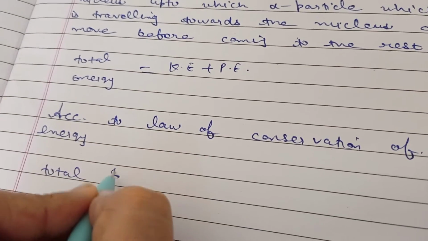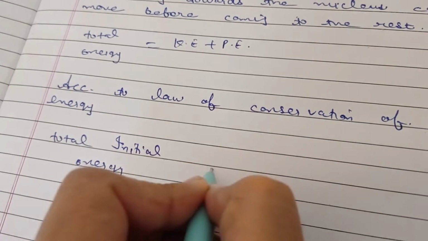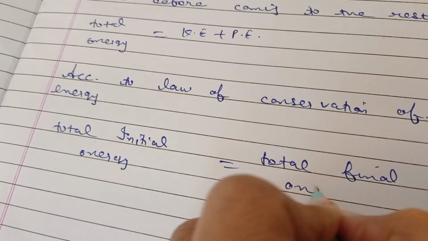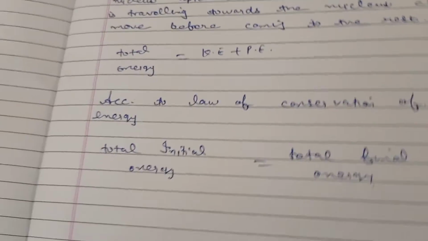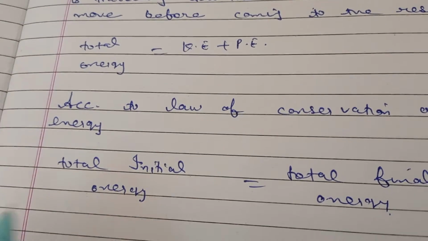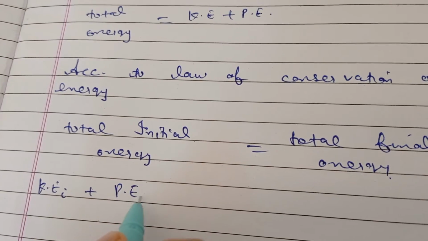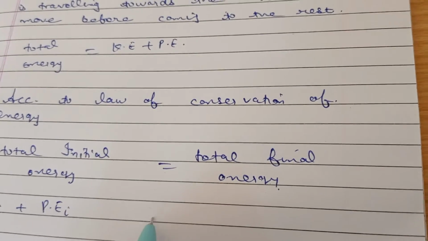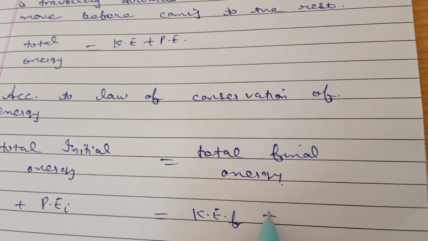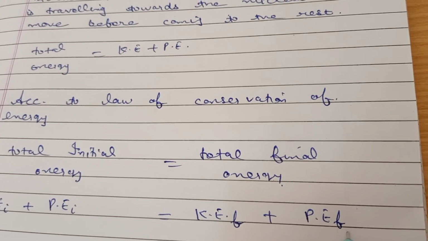total initial energy is equal to total final energy, right? Total initial energy will be the sum of initial kinetic energy and initial potential energy, where I means initial, and total final energy will be the sum of final kinetic energy and final potential energy.